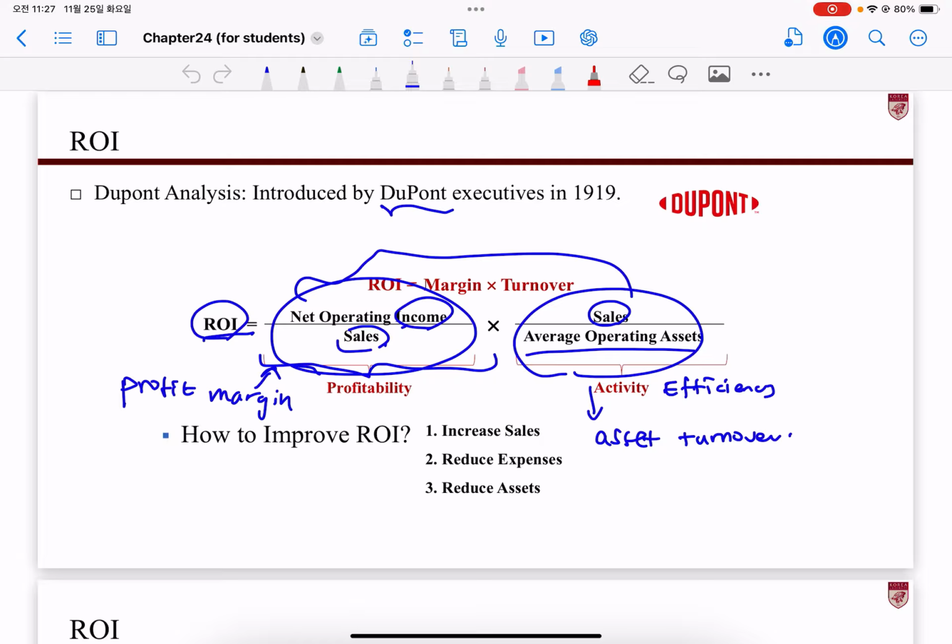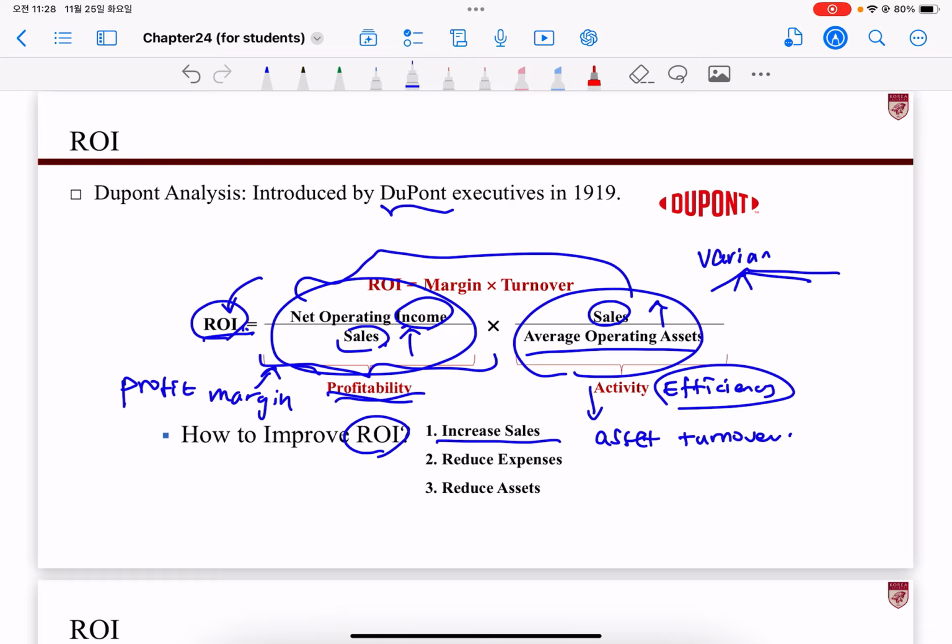Why do we decompose it? Just like in the variance analysis, where remember we decompose into very different types, we want to see where the high or low ROI is coming from. Is it because we are making higher or lower profitability? Is it because we are efficient enough or less efficient? In order to improve ROI, we can increase sales, but if you increase sales, another downside is that it may lead to lower profitability.